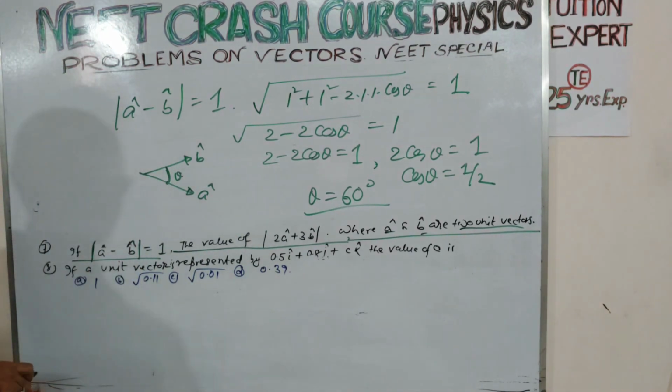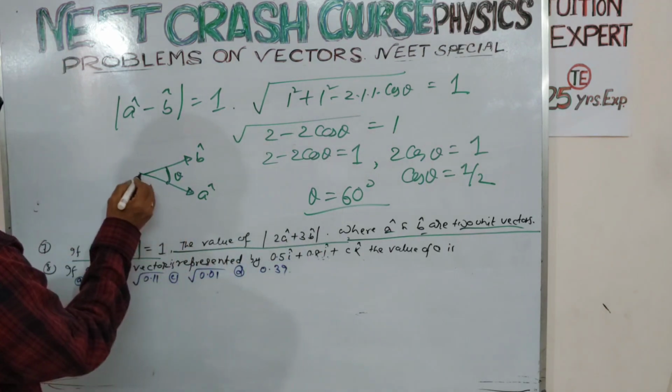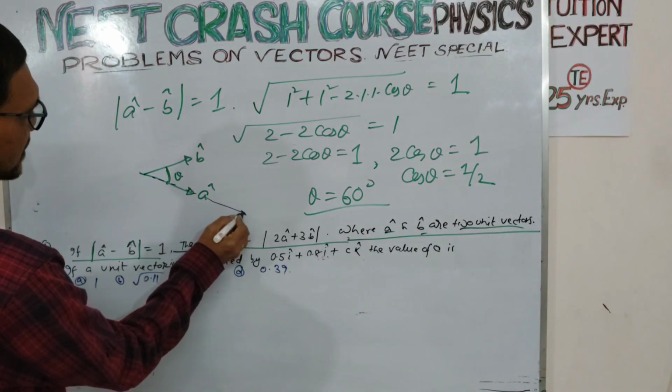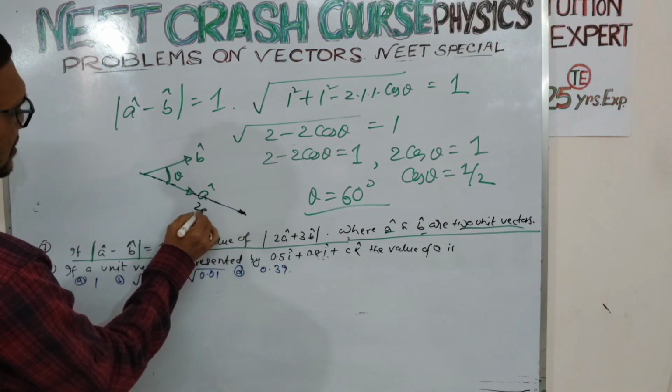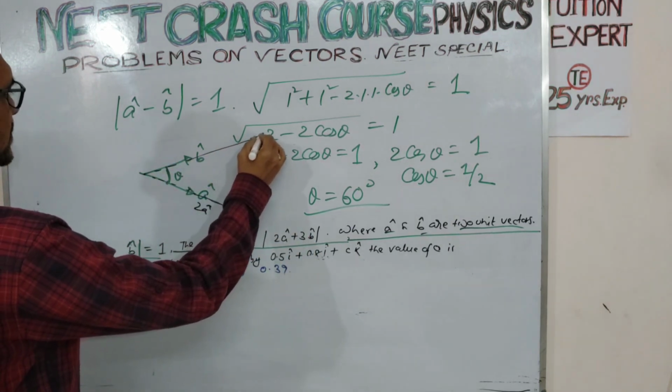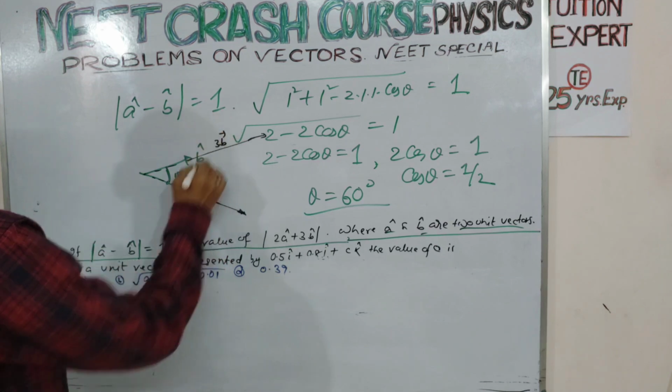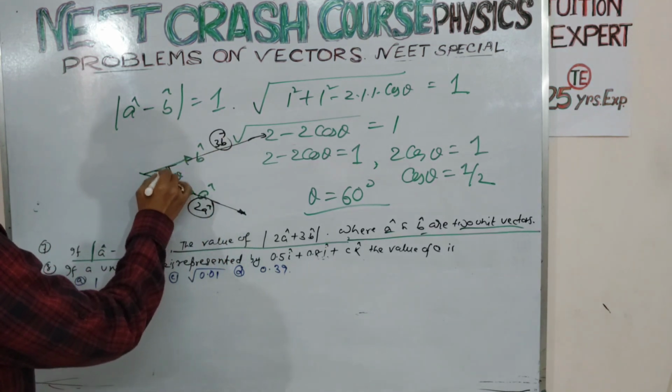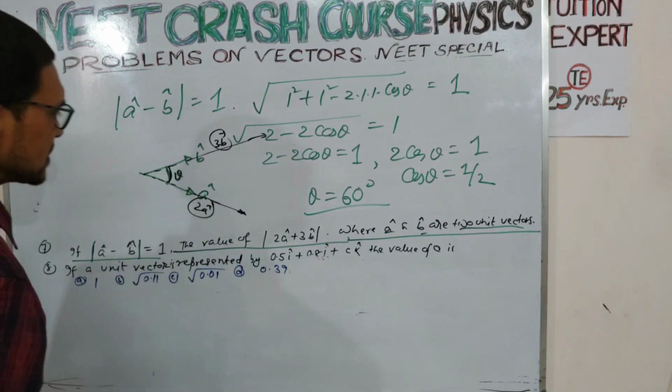Now if we take 2a plus 3b, so 2a is this vector, and 3b is this vector. So angle between 2a and 3b remains same. Angle between 2a and 3b remains theta.